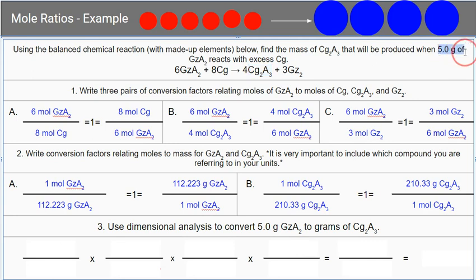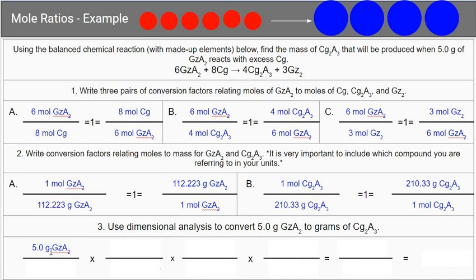We're going to take our 5 grams of GZA2. And the first thing we want to do is turn that into a fraction, right? So actually, I guess I shouldn't have drawn these canceling out lines yet, but I'll go over that in a second. So the first thing we're going to do is turn that into a fraction.